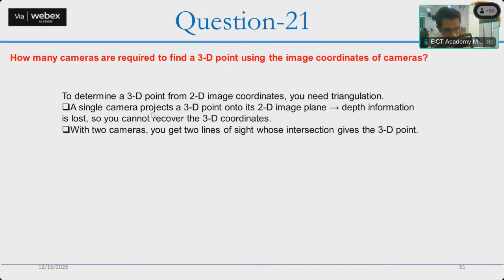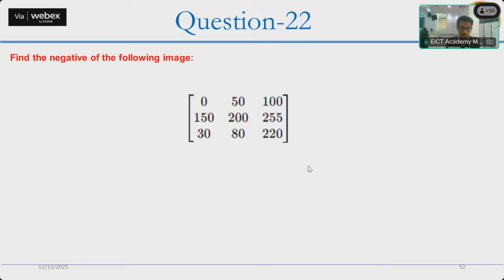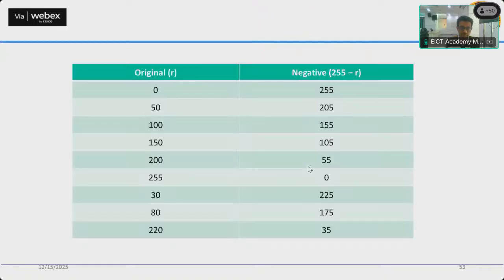What do you mean by this? A single camera projects a 3D point onto its 2D image. Depth information is lost, so you can't recover the 3D coordinates. With two cameras, you get two lines of sight whose intersection gives the 3D point. This is clear: it is only with the help of two cameras that you are able to get it.